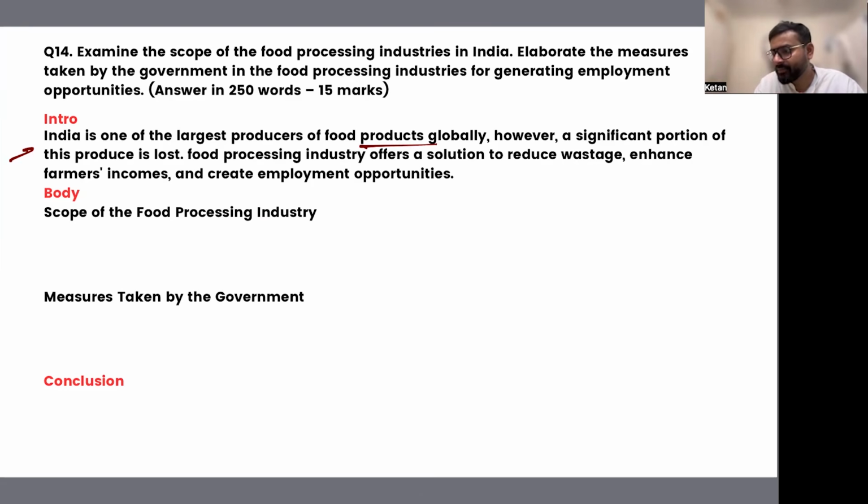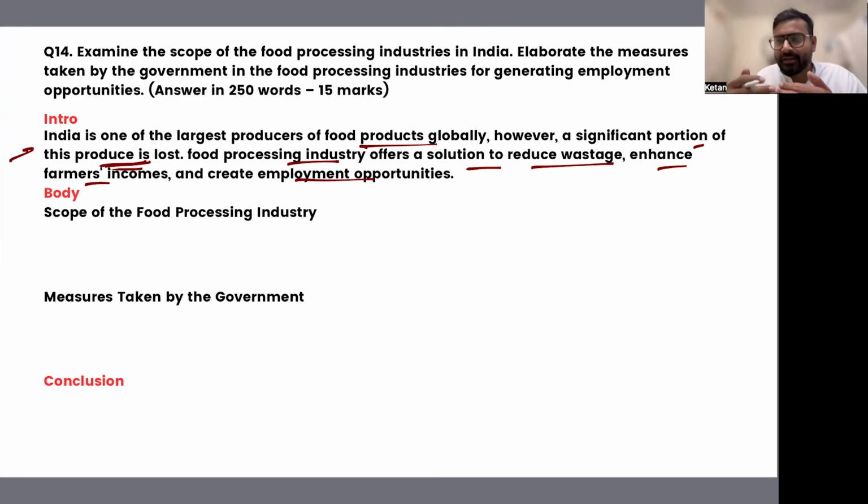However, a significant portion of the food is damaged or destroyed. So post-harvest losses are quite high in India. Now, food processing industries offer a solution to reduce wastage, enhance farmers' income, and create employment opportunities. So this is a very simple introduction you can give.